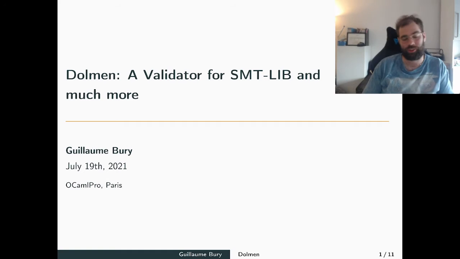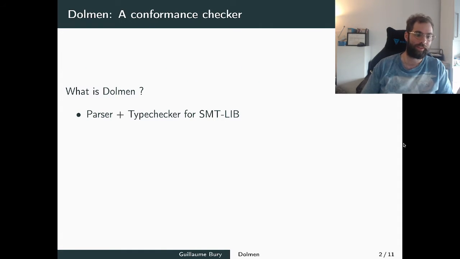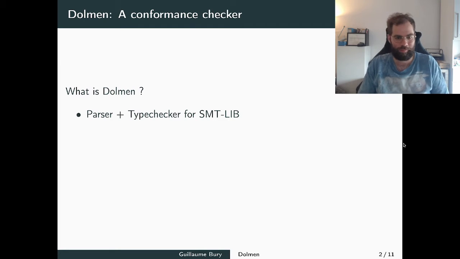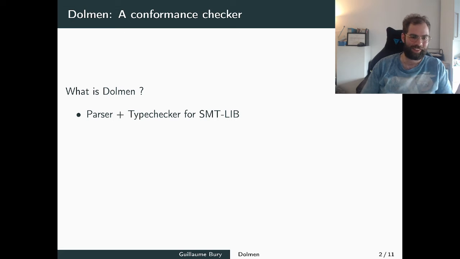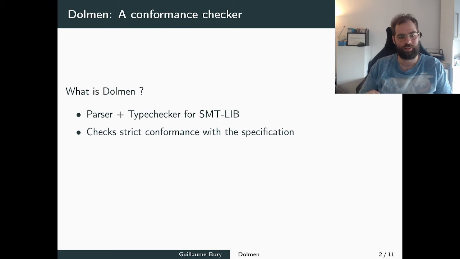So, first question is, what is Dolmen? Basically, Dolmen is a parser and type checker for SMTLIB. But it's a bit more complex than that, of course. Dolmen tries to be a conformance checker for SMTLIB.